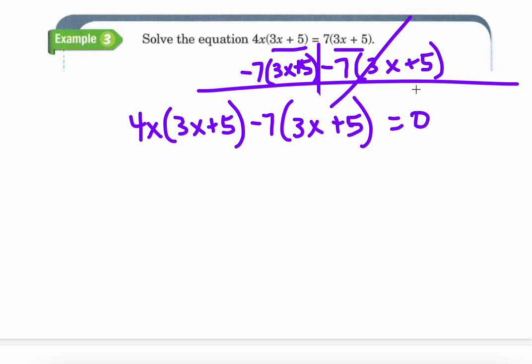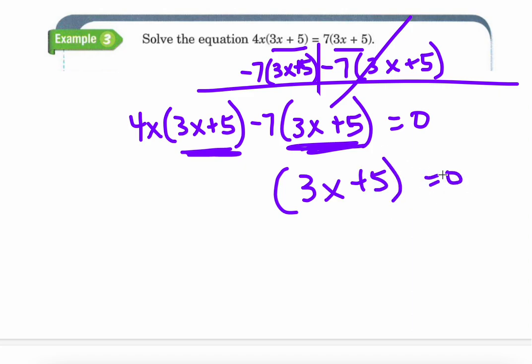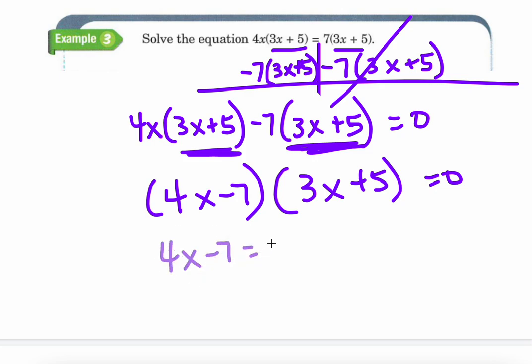So this really is kind of like one of the last steps in my AC method, my opposite of the double distribution. I see that they both have 3x plus 5, so I can go ahead and put them into their binomials, like that. So then I am almost done. I just have to set them each equal to 0. 4x minus 7 equals 0, and then 3x plus 5 equals 0.